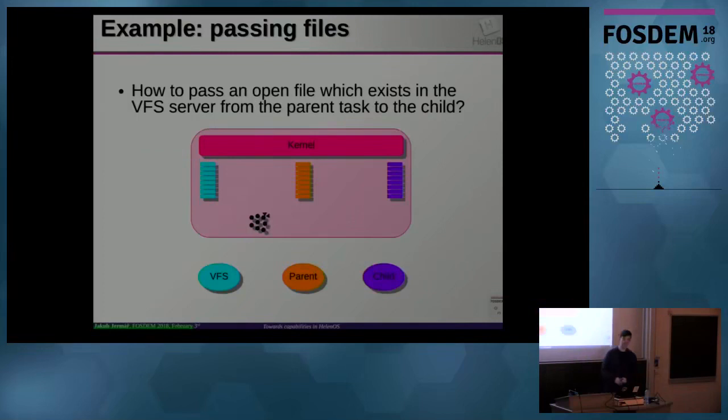And instead, there is a different way how to do things, which is the capability way. So instead, we now have something like a table of open files, or if you will, a table of capabilities that is still associated with each of these tasks, but lives in the kernel and references some kernel objects that also live in the kernel. And now the exchange is quite easy.